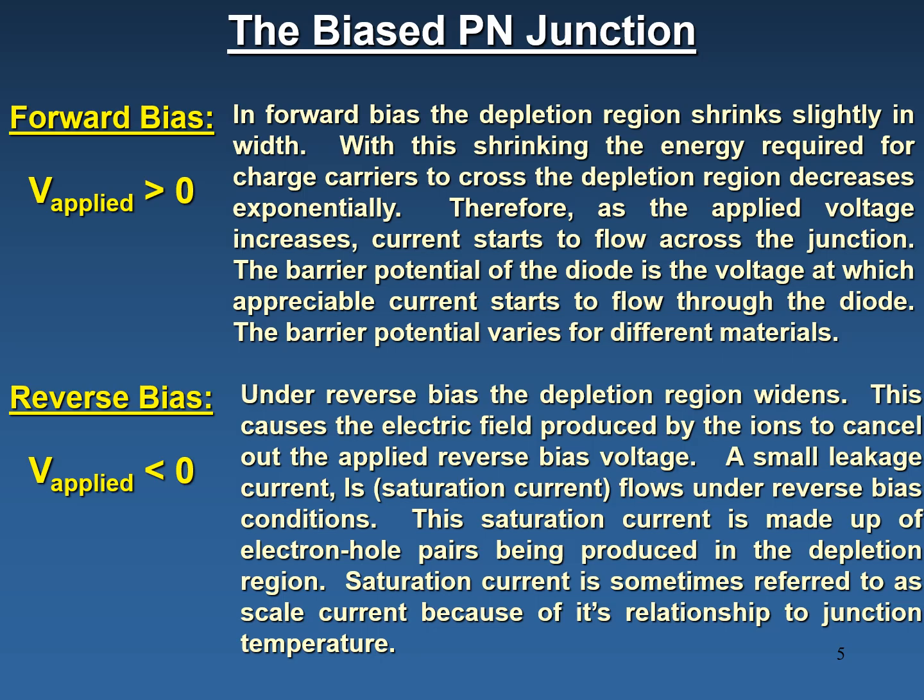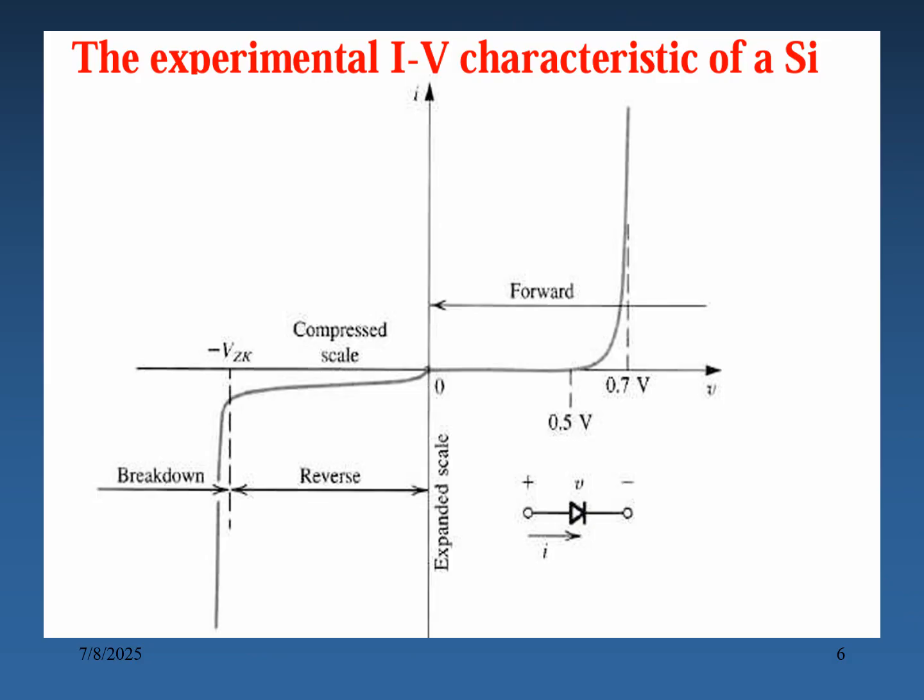The forward bias current is in terms of milliamperes, reverse bias current in terms of microamperes. So this is the VI characteristics of the silicon diode. The depletion layer width is different for different materials: for silicon 0.7, for germanium 0.3, like that.